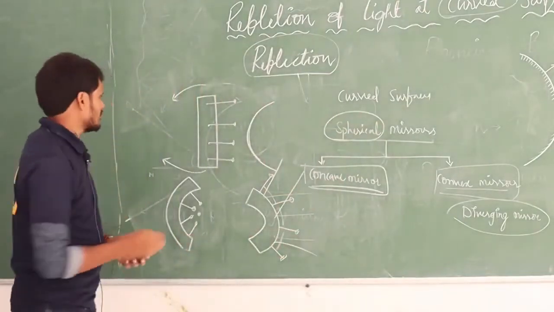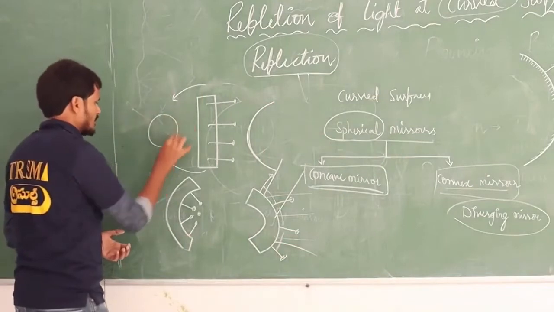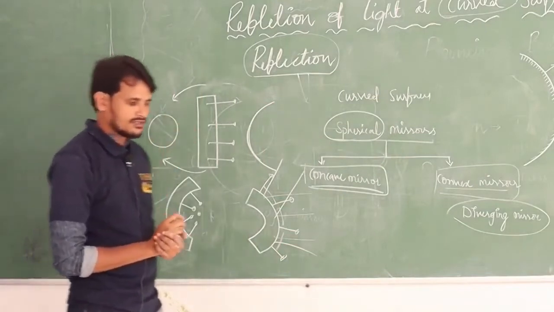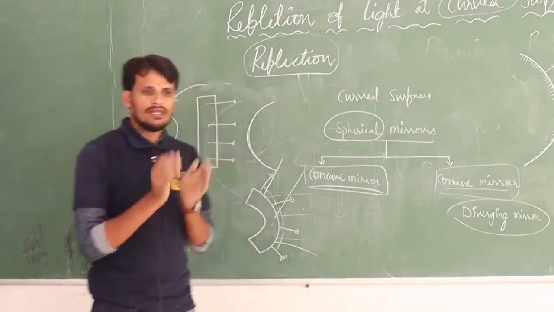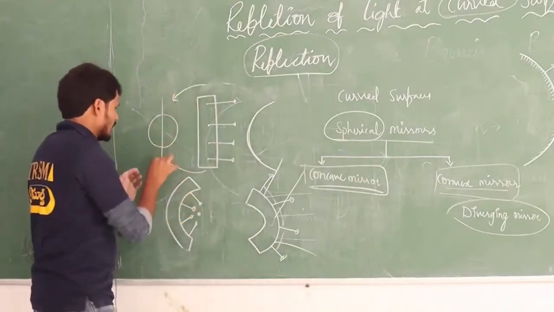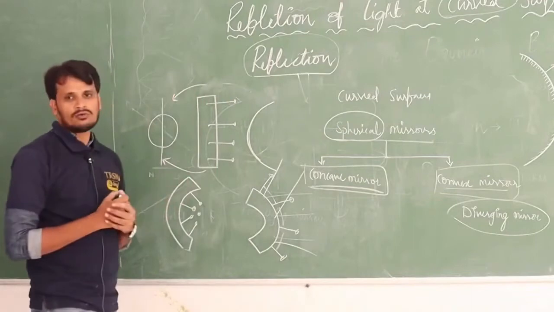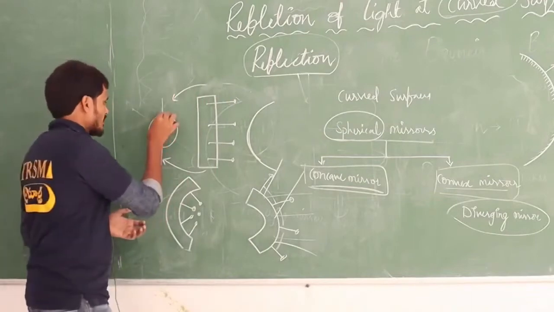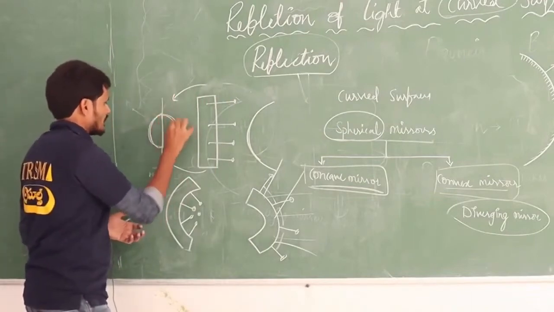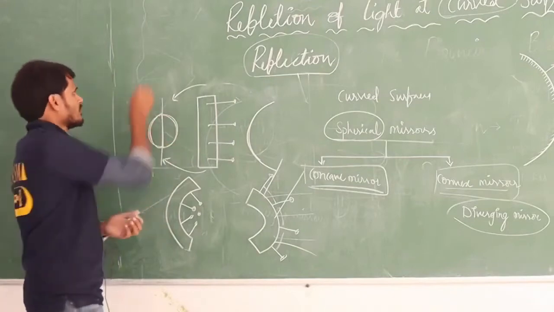So just imagine here, consider one sphere. You can make that sphere into two equal parts. Here each part acts as a concave and a convex surface like this.